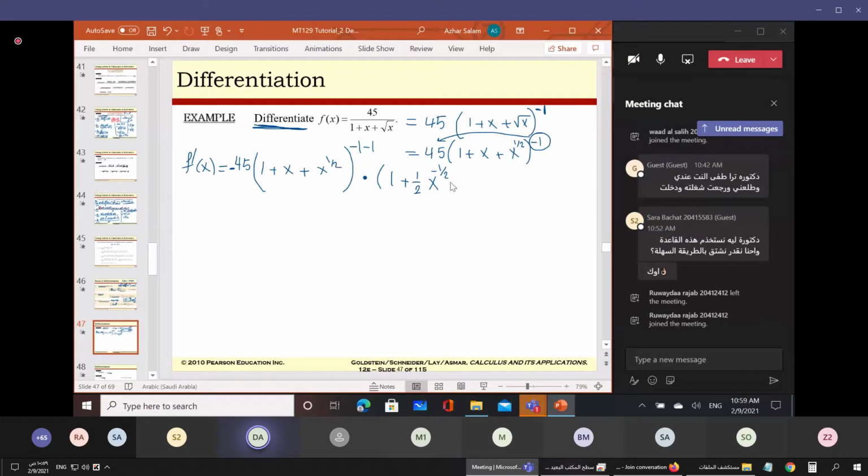Okay, you can find it in detail. This equals minus 45 multiplied by 1 plus x to the power half, all to the power minus 2. And also here I can simplify: I have 1 over 2, and x to the power minus half, so I will take it as x to the power half, which is a square root, like this, and here 1.